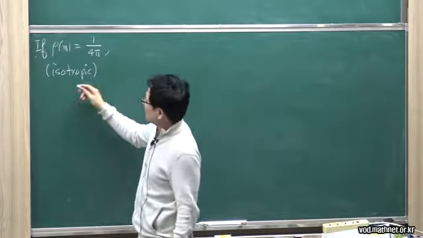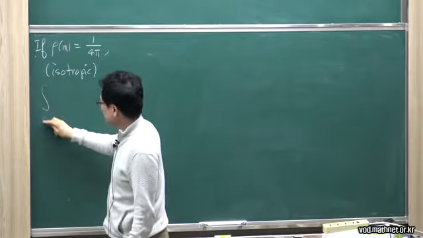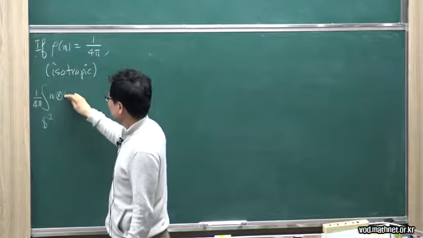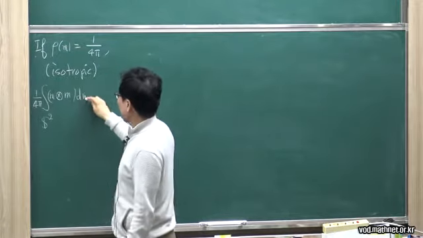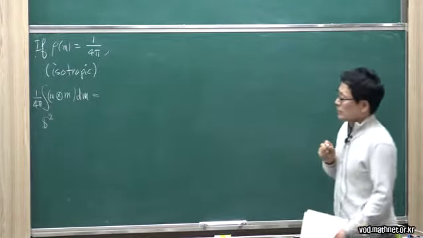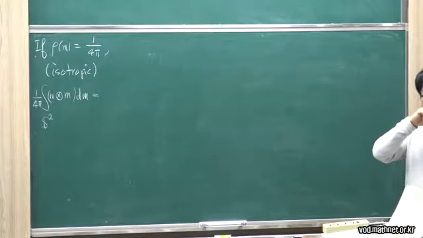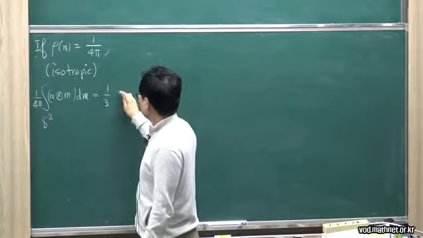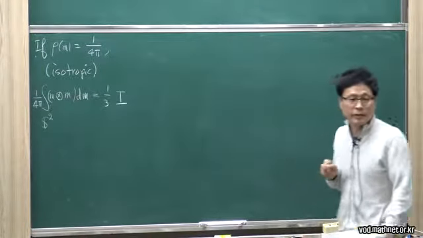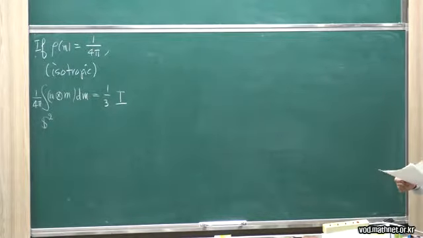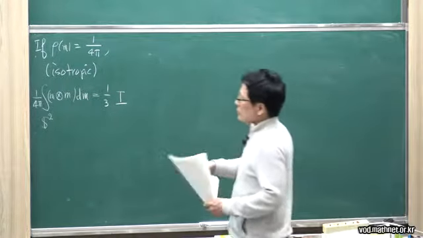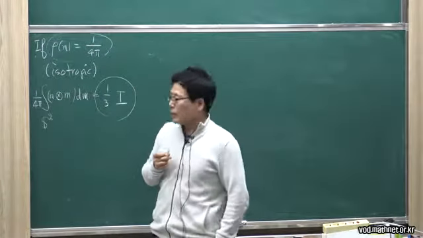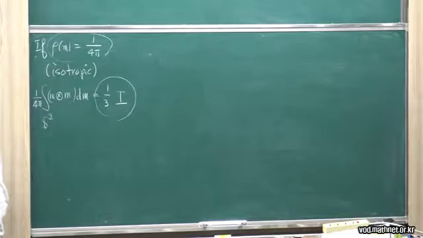When you compute the second moment for this case, there's 1 over 4 pi, m tensor m, dm. When you compute it, you get 1/3 identity matrix. So for the isotropic case, you have a 1/3 identity matrix as the second moment.